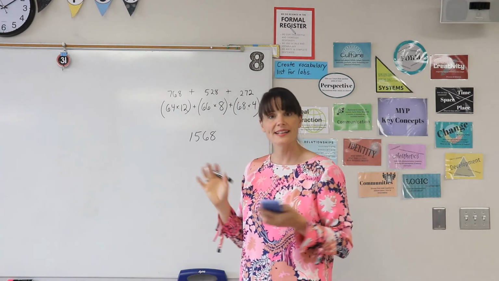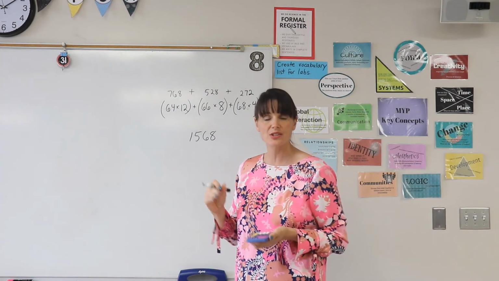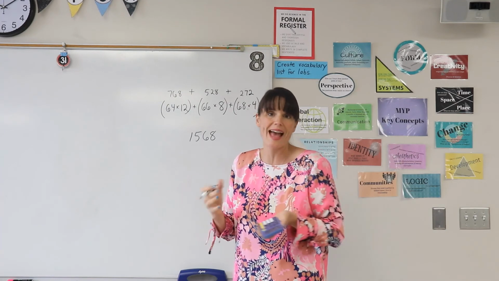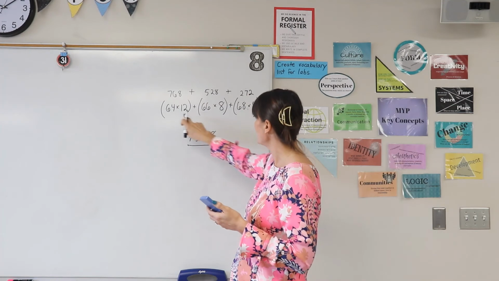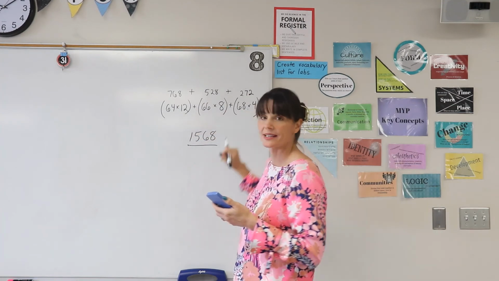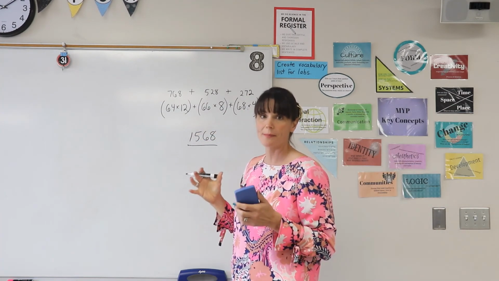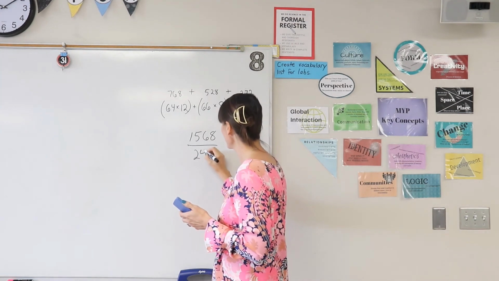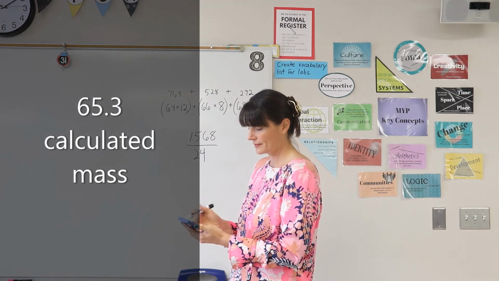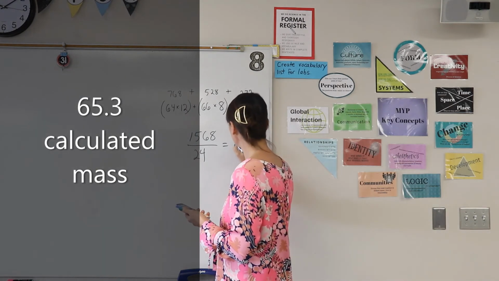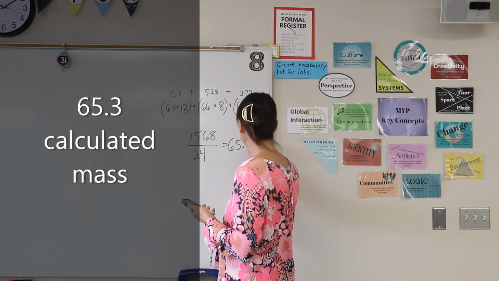Now, to find an average, you'll remember that we divide by the total number of things that we added up to average. So in this case, 12, 8, and 4 is 24, right? We had 24 bags to begin with. So we're going to take that and divide it by 24. And we get 65.3.